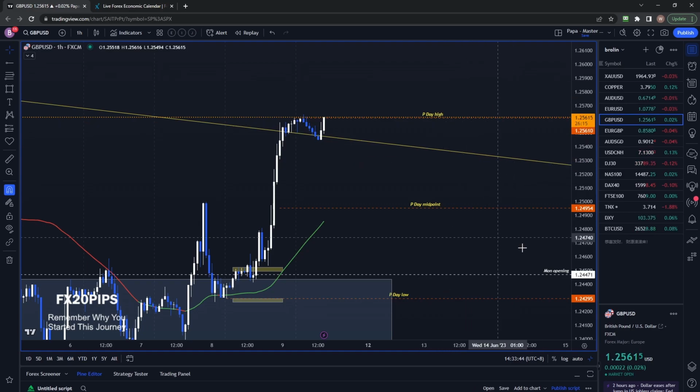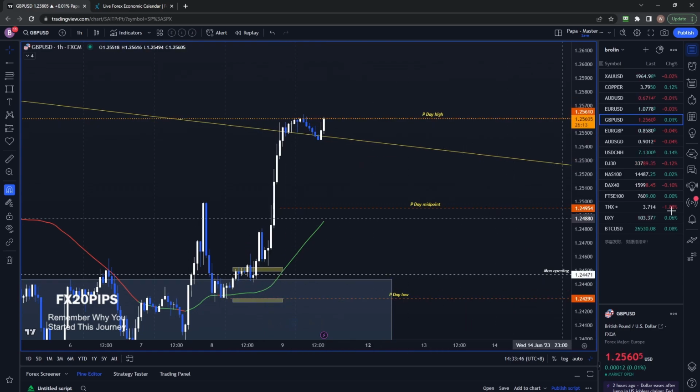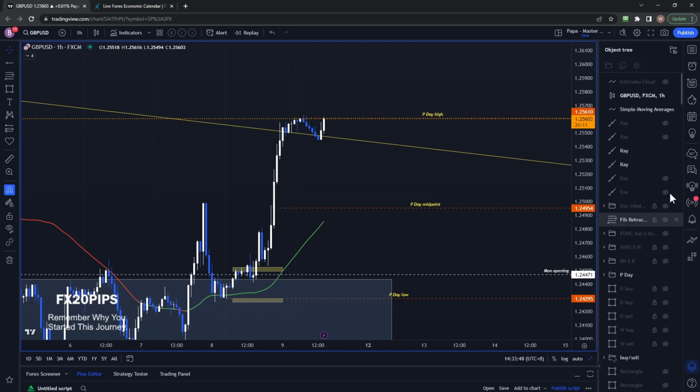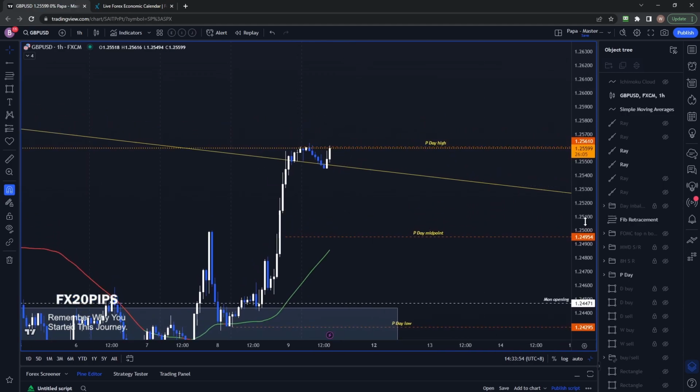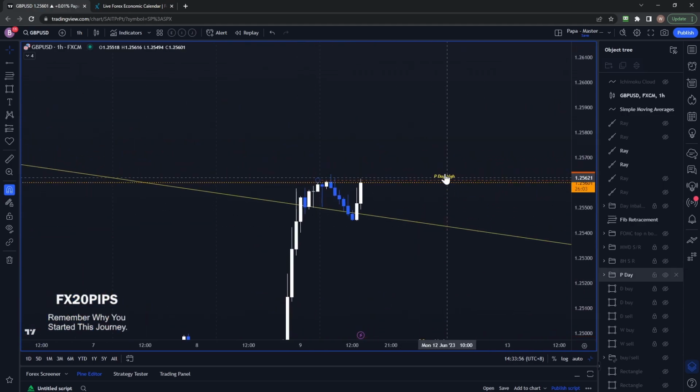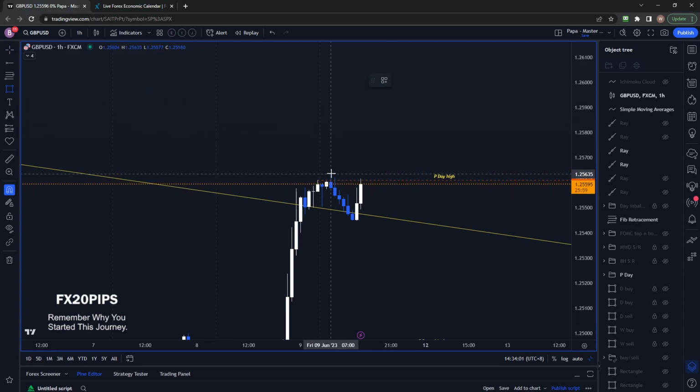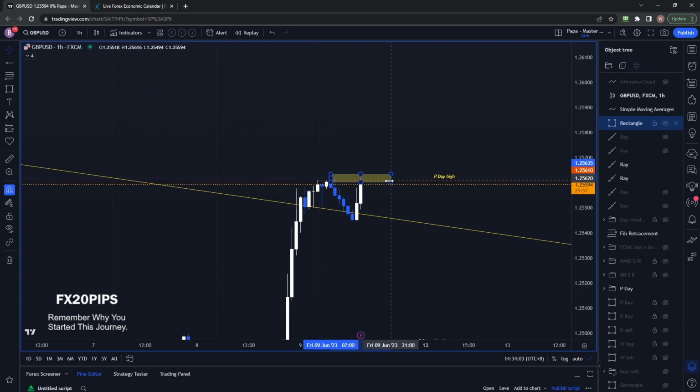Close it. Okay, let's draw a new buy and sell zone. We are at the 1 hour. Very simple. The high of Asia was here. The body was here. Drag across. Now immediately we have a breakout buy.